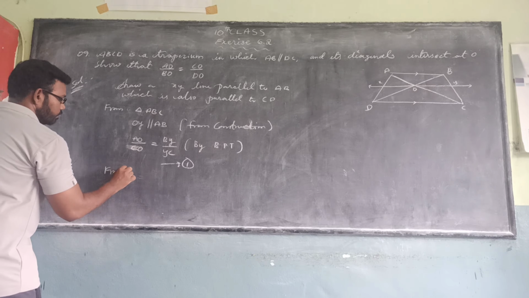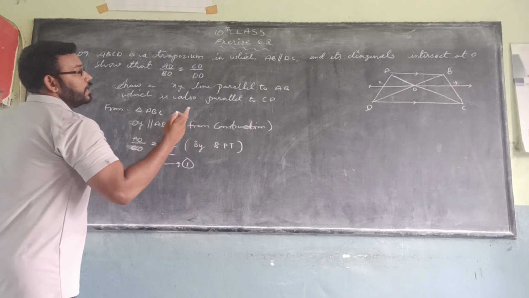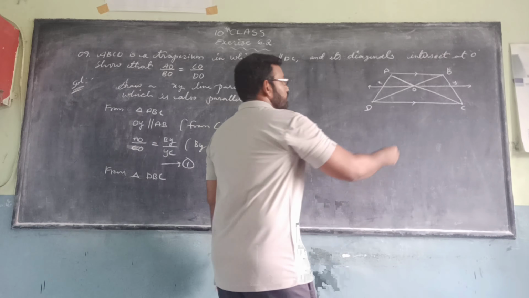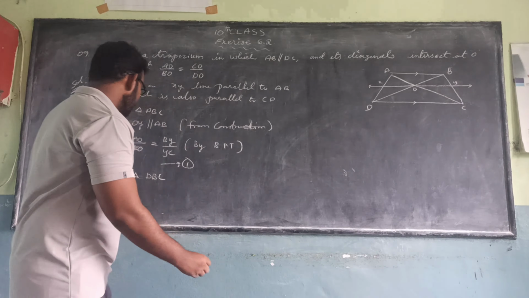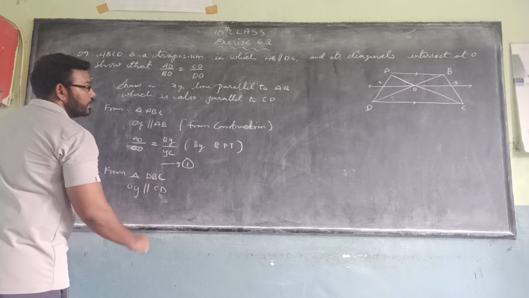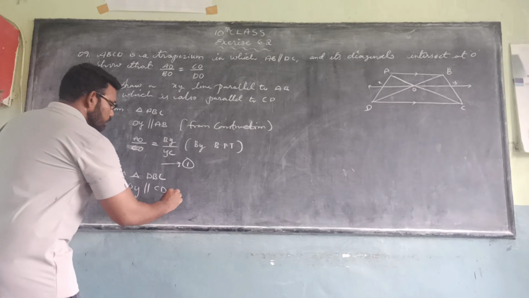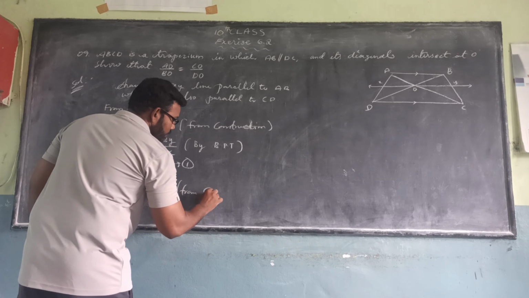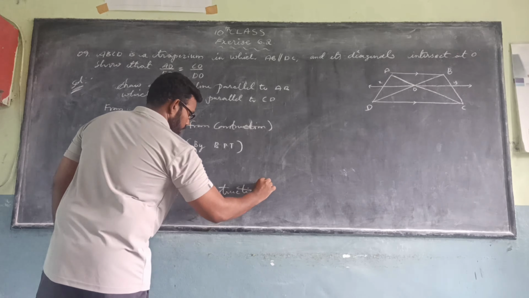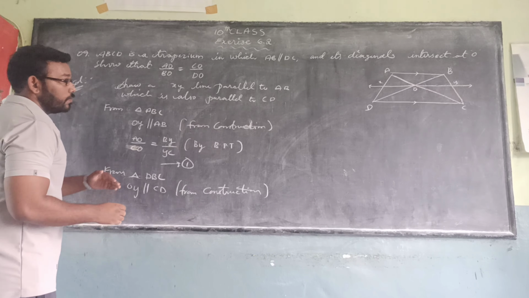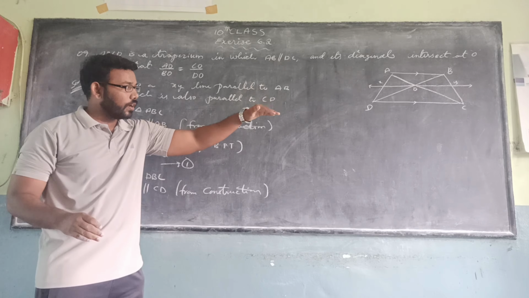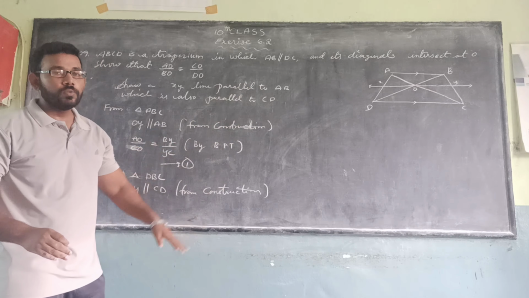Now from triangle DBC, now I am taking this triangle. From it, here also OY is parallel to CD or DC, whatever it may be, parallel. So this is also from construction. Here also, when a line is passing through two distinct points and is parallel to the third side, then the ratio of the other two sides are equal.